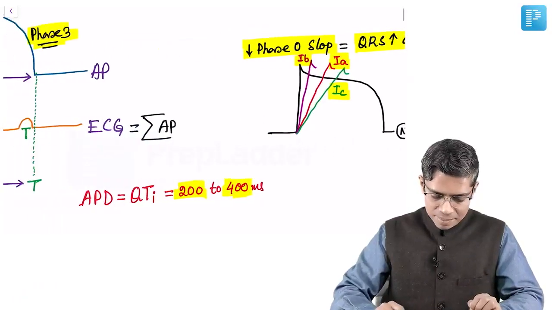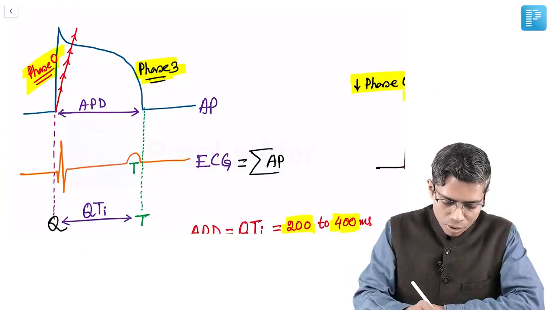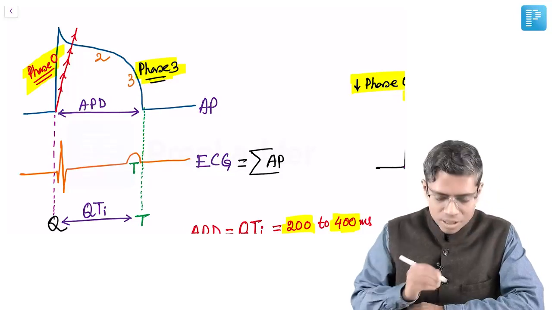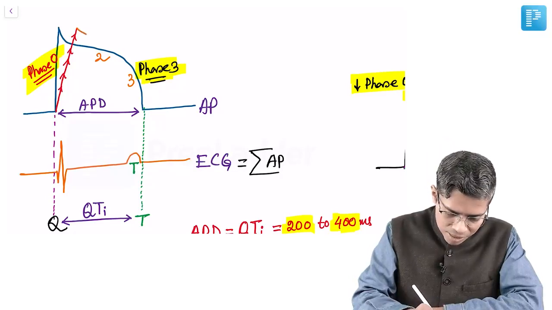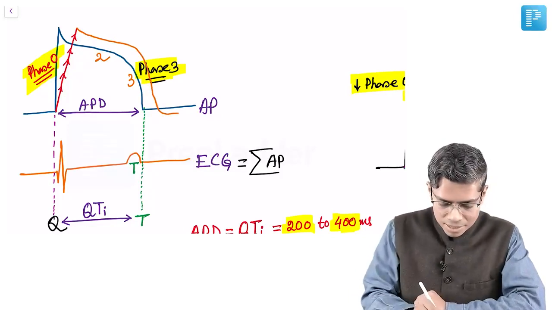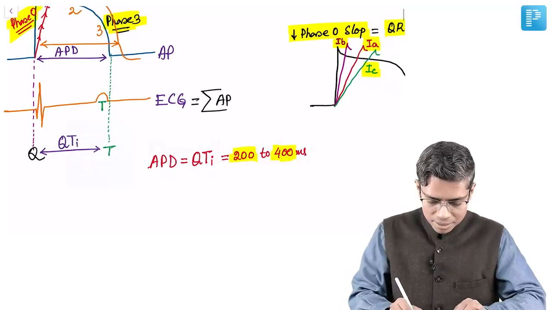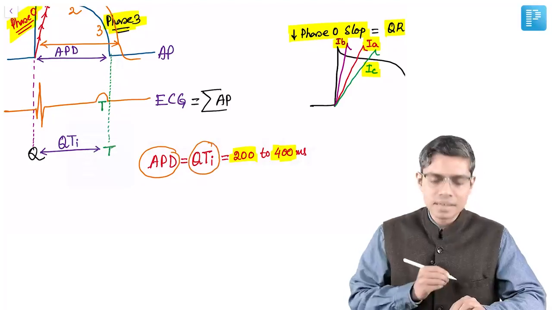Next, if any drug is causing prolongation of phase number 2 or phase number 3, then what is going to happen? I can understand that if it is prolonging phase 2 or phase 3, then the action potential will look like this. In that case, what will happen to the action potential duration? Action potential duration will increase, and we have seen earlier that action potential duration is equal to the QT interval.